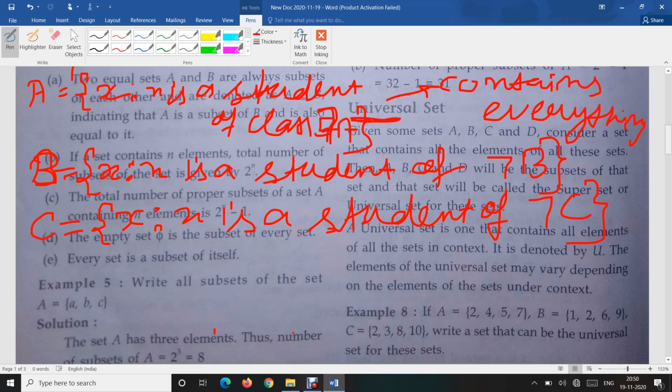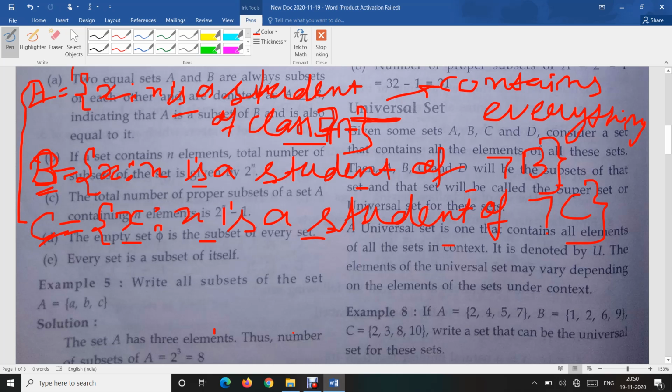We have these three different sets, A, B and C. Now we have to make a universal set with the help of these three sets.